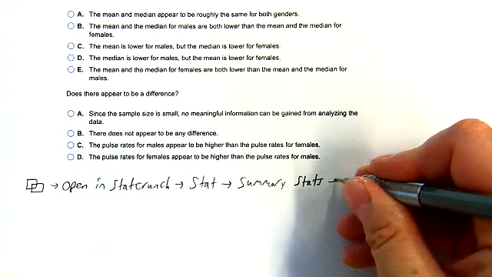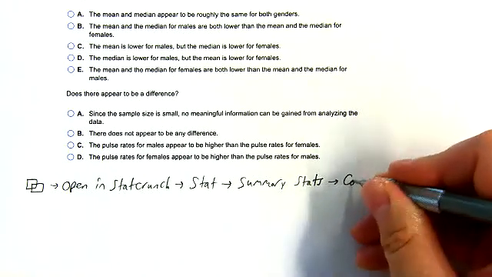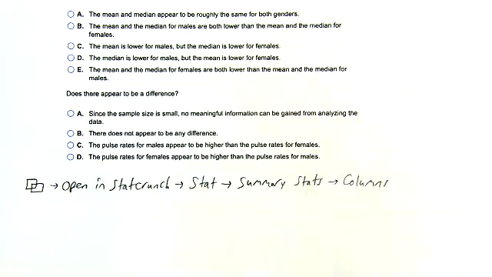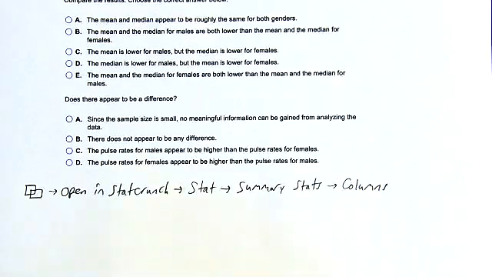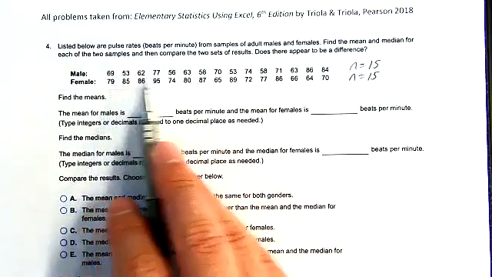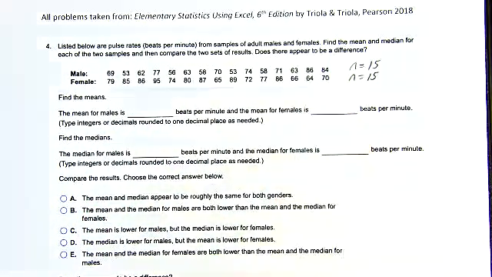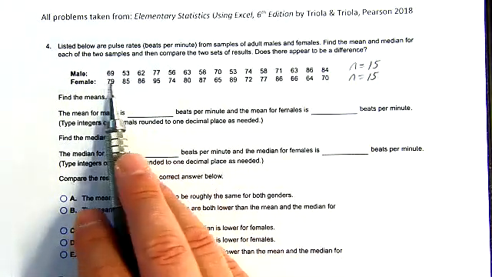And then you will click Columns, because your data will appear as columns. So when you open this in StatCrunch, these 15 numbers will be vertical in column 1, and these 15 numbers will be vertical in column 2.